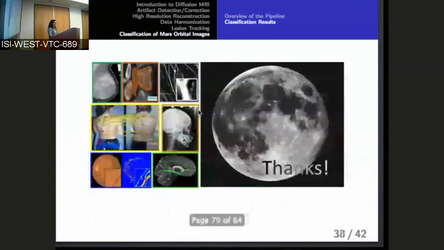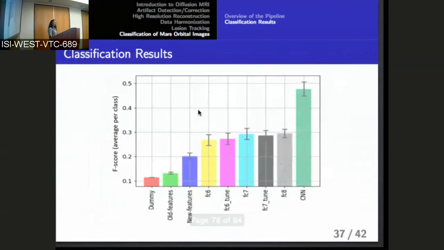Sure. So in this classification task, how many classes are there? Eight classes. Just to get an idea, what is the size in memory of the feature classifier versus a convolutional neural network? It depends. Let's compare it in terms of parameters that you are learning. I'm just wondering about the megabytes.